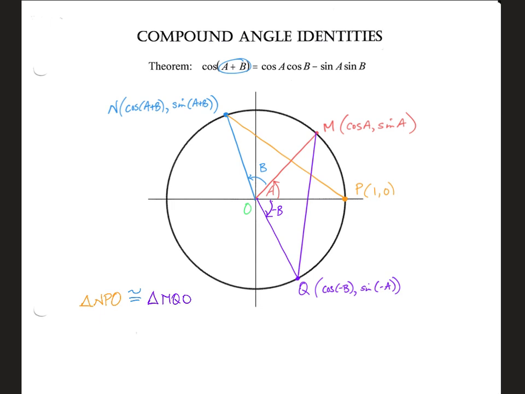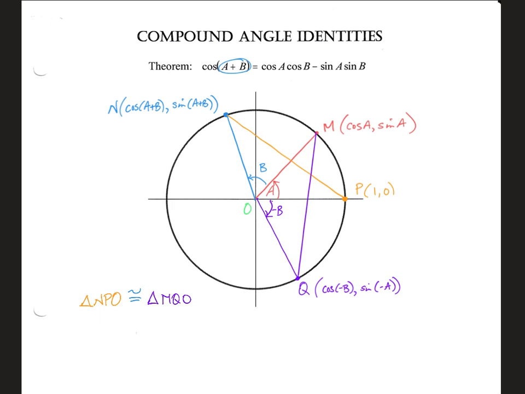Okay, I'm going to get rid of all of that other notation that we just put on to go back to our original triangle. Let's get back to our statement at the bottom then. The triangle NPO is congruent to triangle MQO. Why is that important?